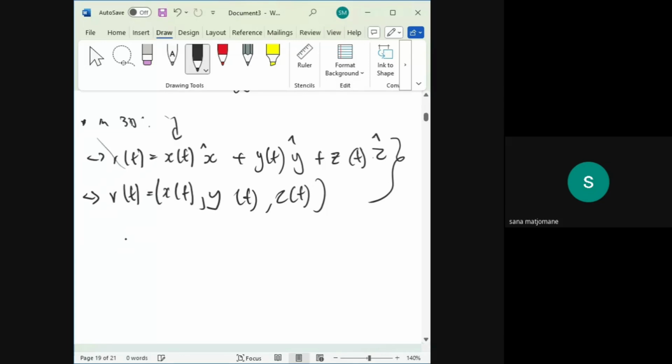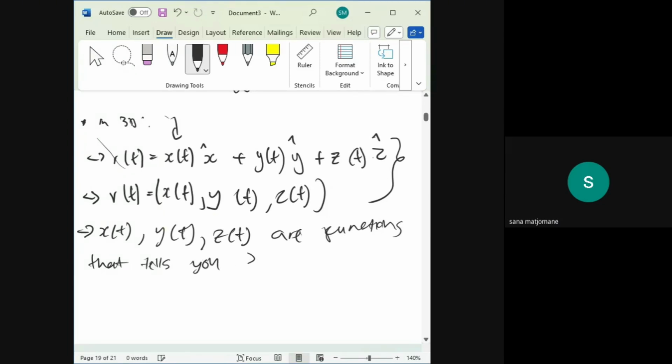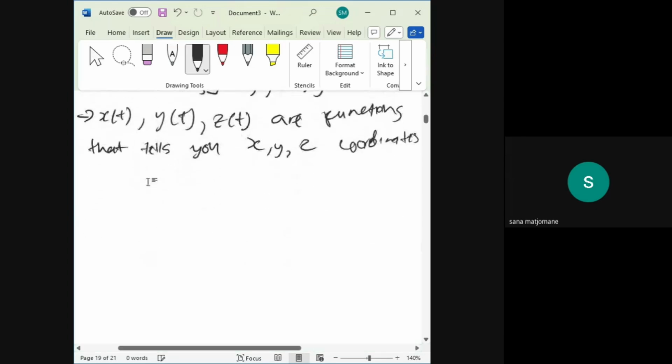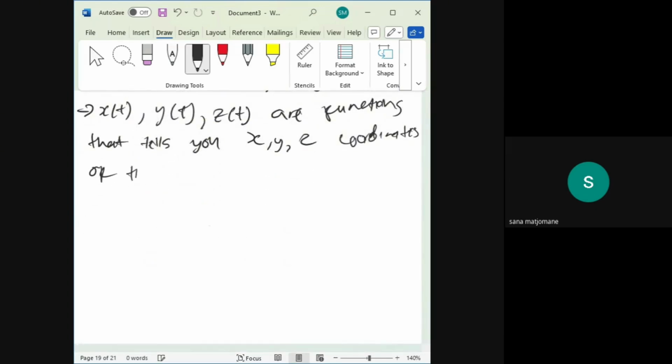All right, let me write it. x(t), y(t), z(t) are functions that tell you the x, y, z coordinates of the particles at any given time t.